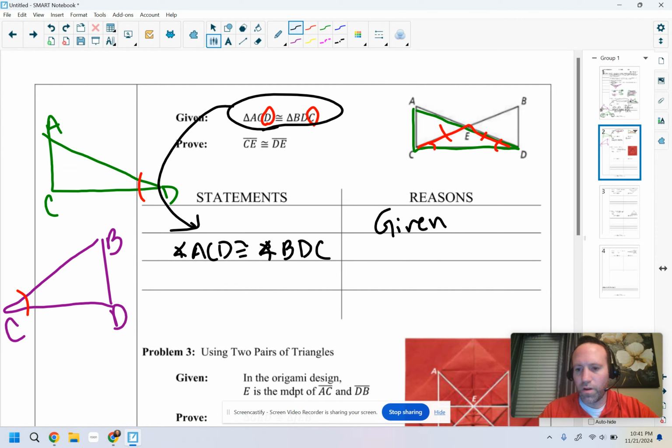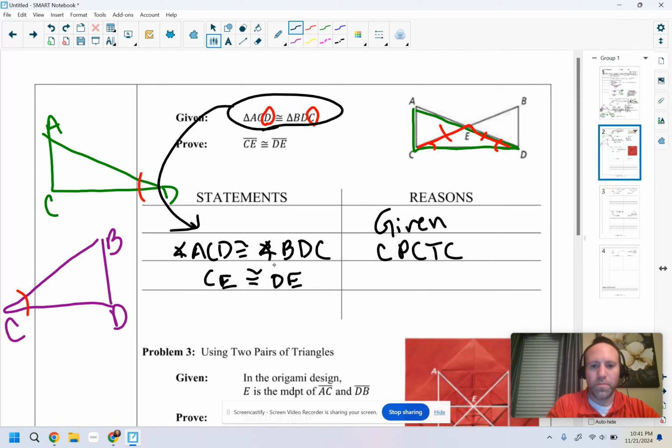And so we have CPCTC there. And then we can say that those sides inside that smaller triangle are going to be congruent by the converse of the isosceles triangle theorem.